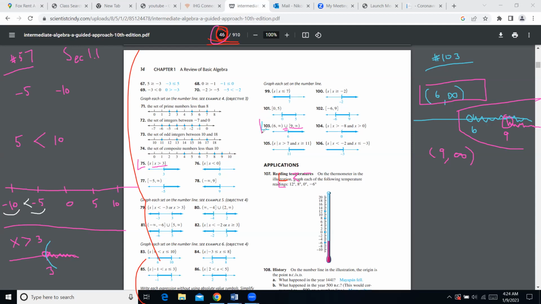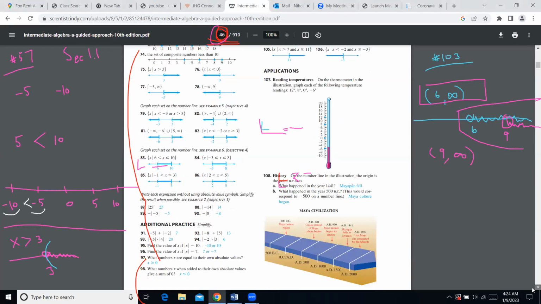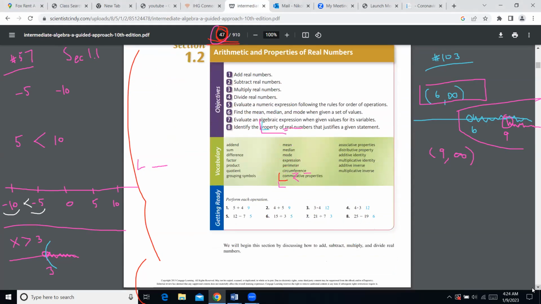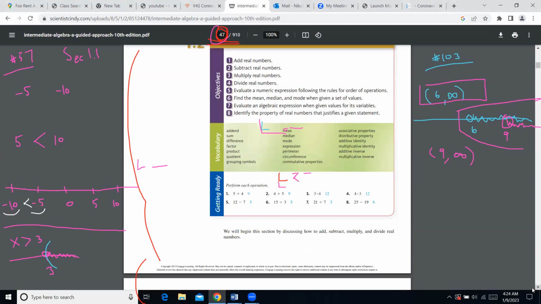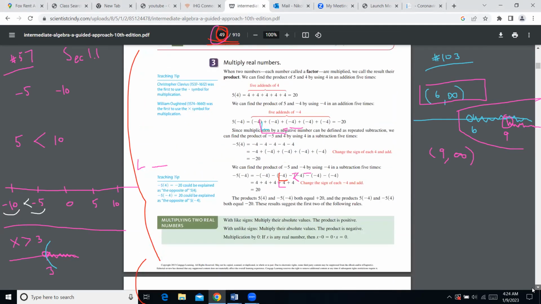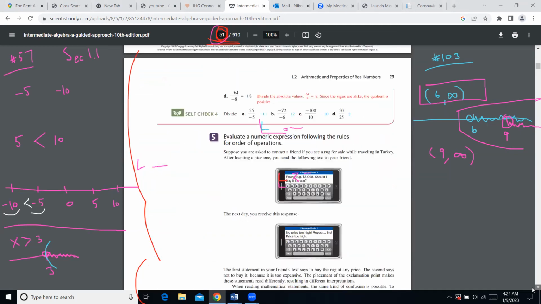So that's exercise 103. As I said, we just do a refresher today. So I'm going to scroll down a little bit and take a look at section 1.2. Well, it talks about adding, multiplying, subtracting numbers. I'm sure you already know how to do this, but just to refresh your memories, I can do a few problems.